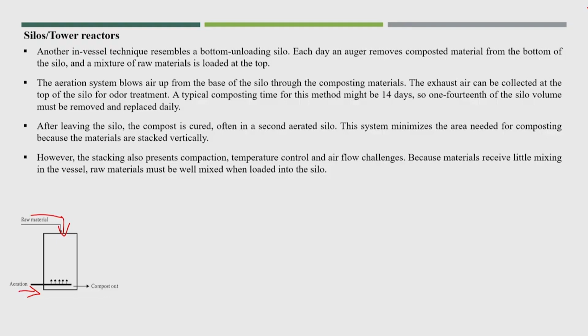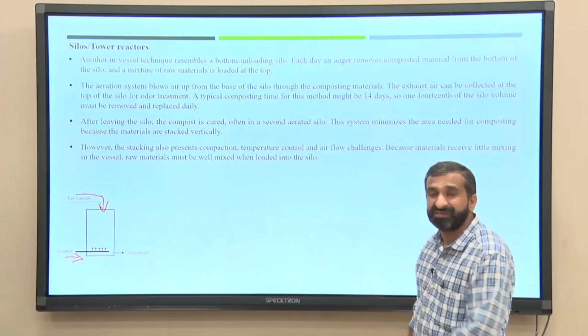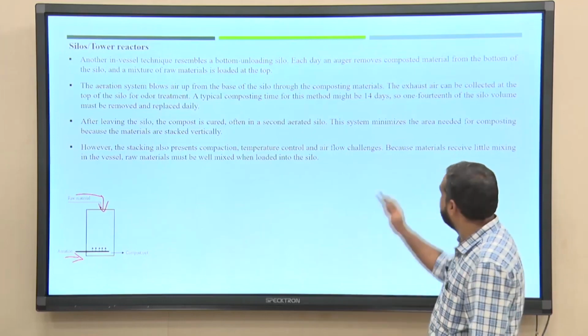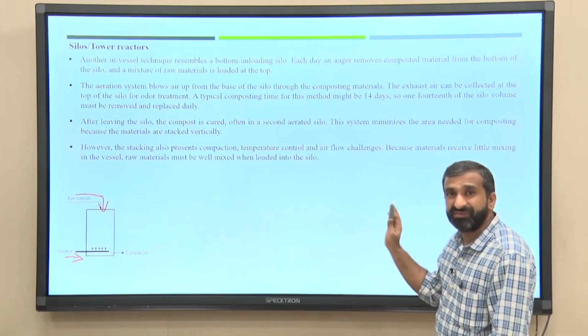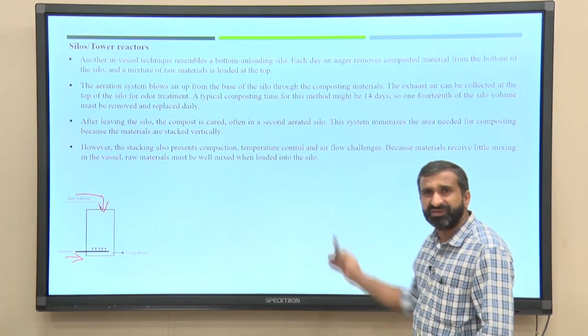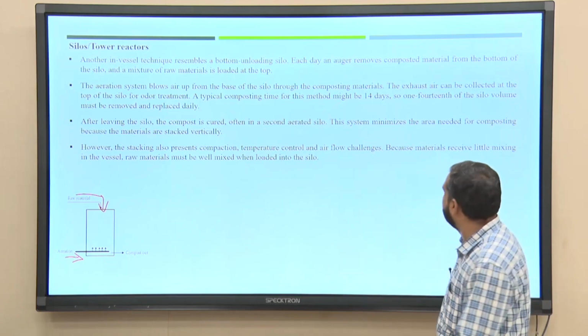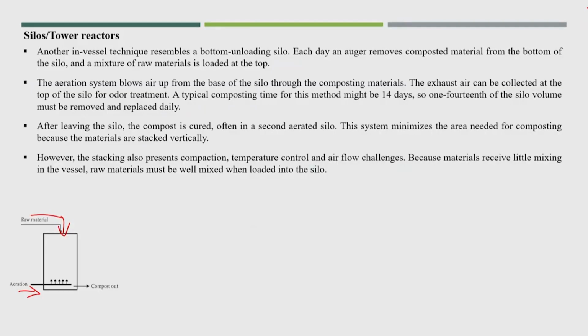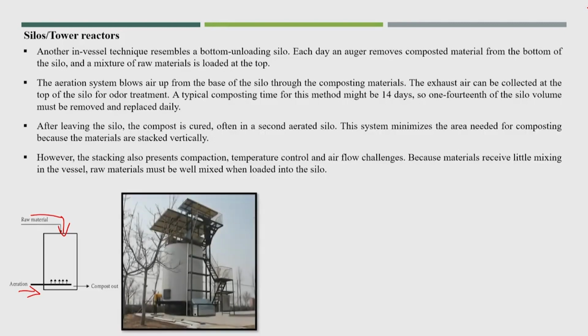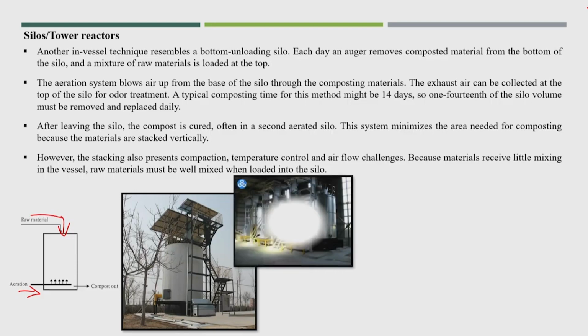Okay. You see that this is another benefit of the in-vessel composting process, where the degradation period is just 14 days or maximum 20 days, you will get the proper degradation process. Now, this is the silo, you can see, or vertical tower. So, there are a number of silos.